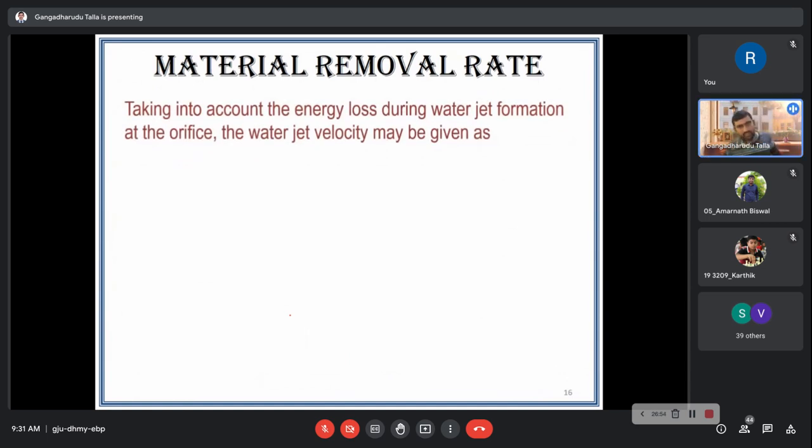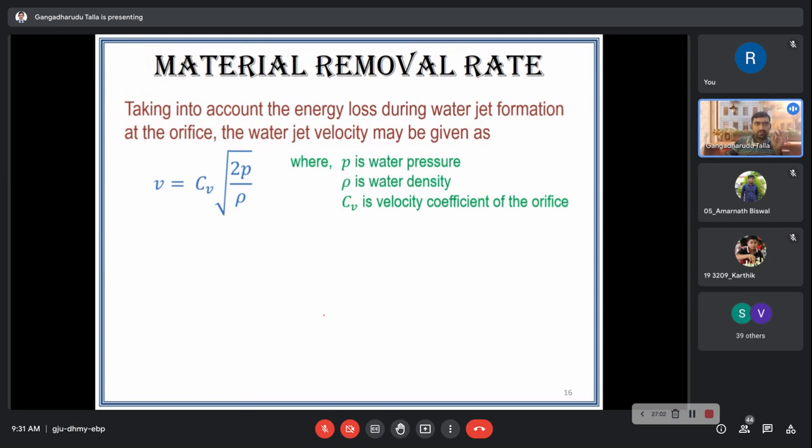Now material removal rate. So velocity is given by C_v square root of 2p by rho. Now what are these? p is the water pressure, rho is the water density, C_v is the velocity coefficient of the orifice.